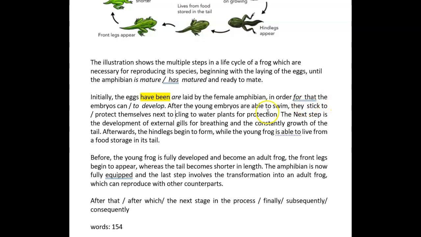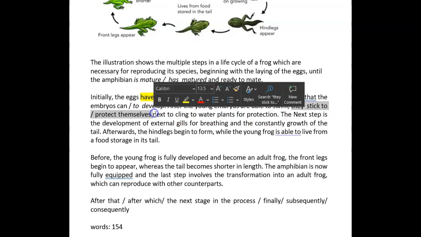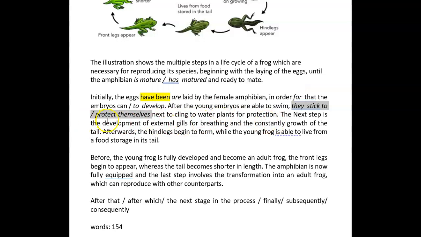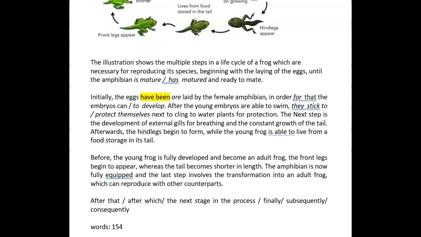Okay, so if you can use your own vocab, please do. Remember, it's a language exam, so that's important. Okay, the next step is the development of external gills for breathing and the constant growth of the tail. Okay, good, excellent.